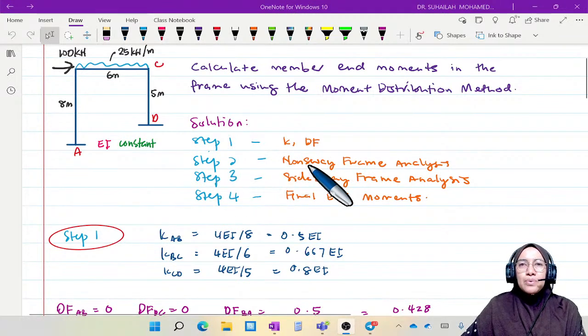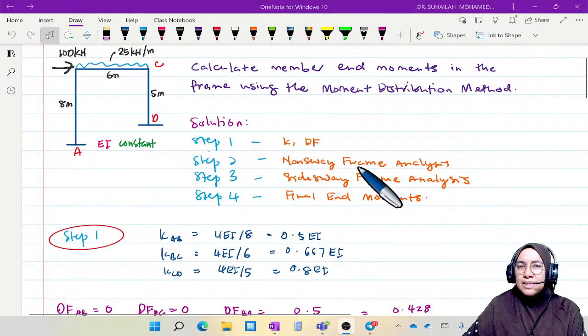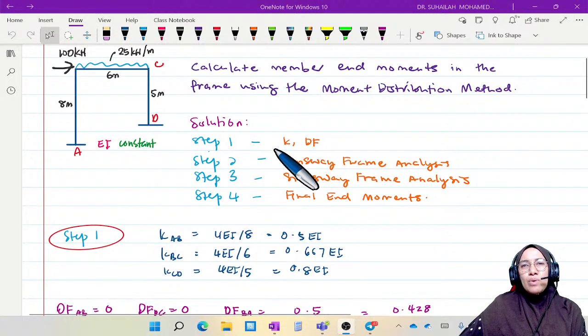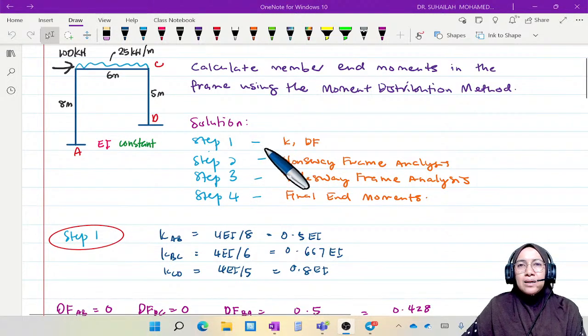We move to procedure number 2, step 2. Step 2, we actually have to do the non-sway frame analysis. This is the part where we analyze the end moments in table 1. In this procedure, number 1, we make sure that the frame is held from sidesway. We have to put an artificial support, so with that support there will be a restraining force.